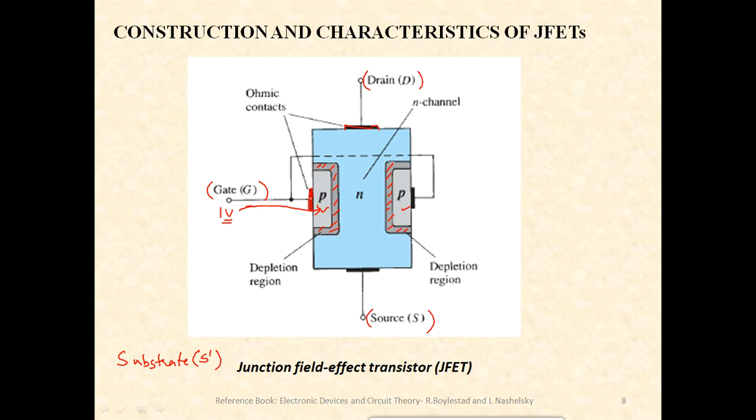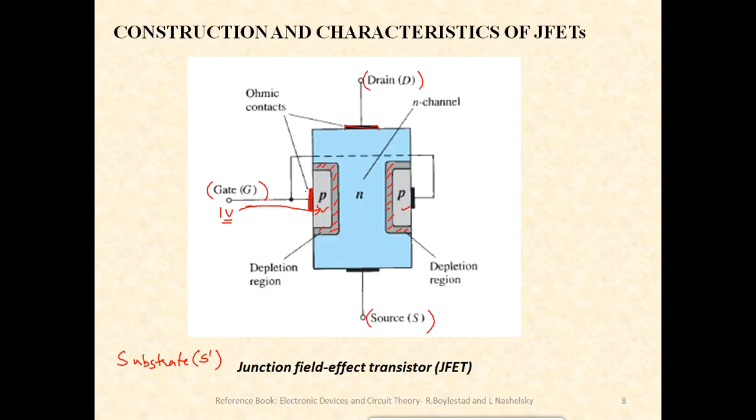So ohmic contacts ensure that there is no voltage drop, or minimum drop, between the terminal and the device. The second point is that it also ensures current flows in both directions. You will find it in every device wherever terminals are made to connect to the device. Ohmic contacts are in between the terminals and the real device.